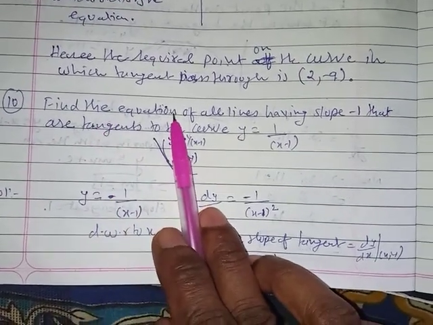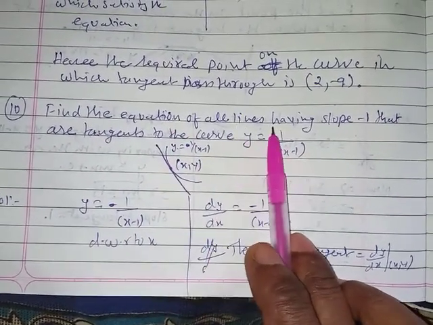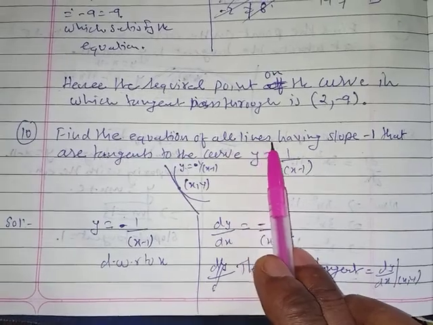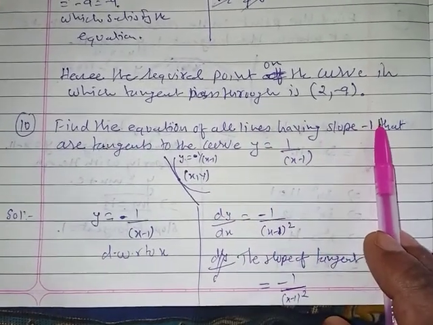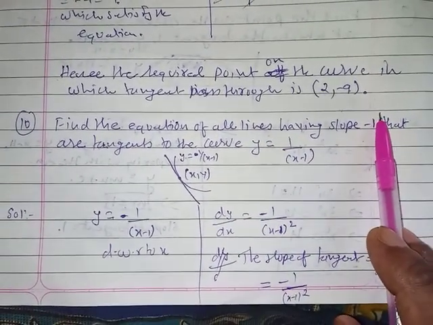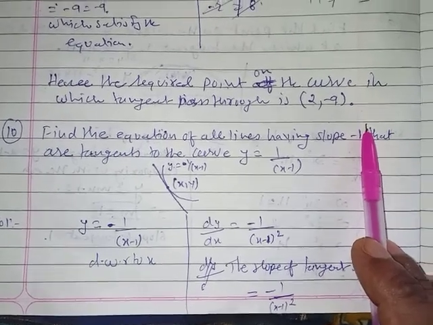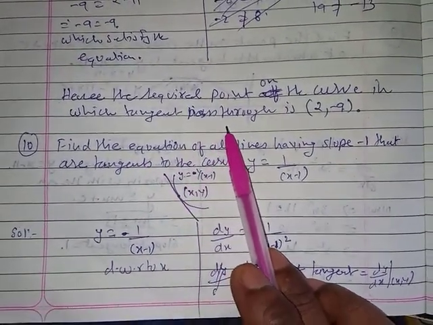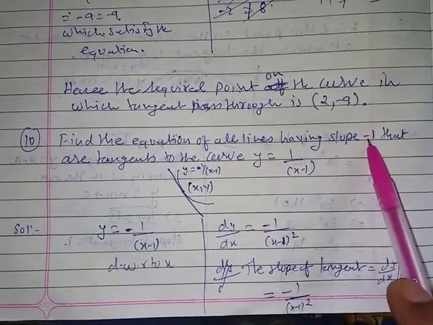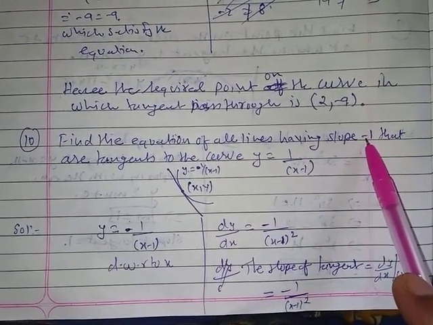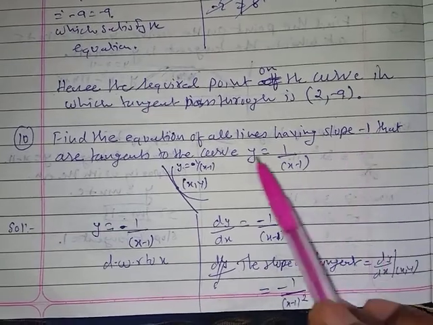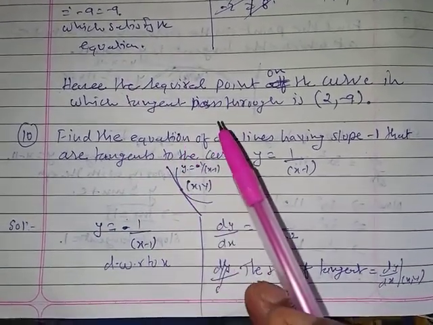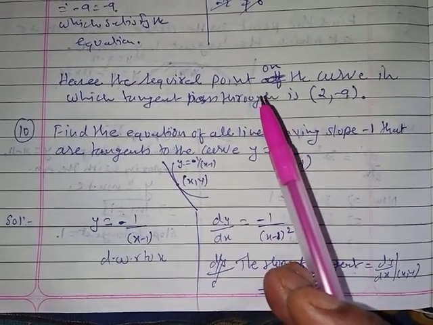Question number 10. Here the equation of the line you have to find. Find the equation of all the lines with the given slope. The slope is given, so the question becomes very easy, because for finding the equation we must have x1, y1 and the slope.